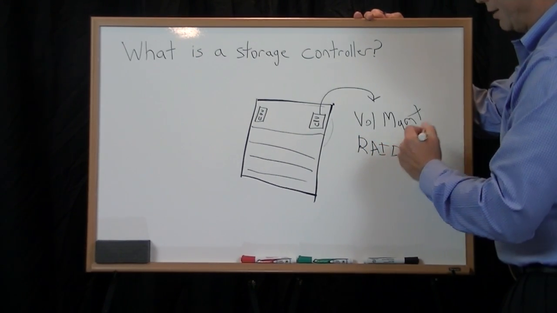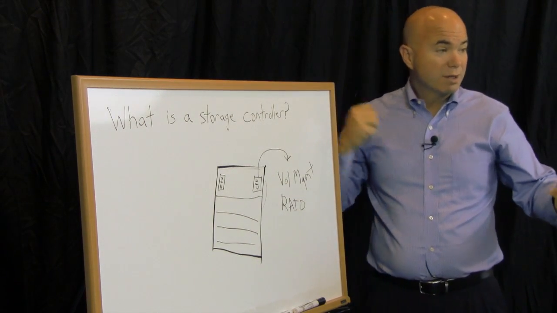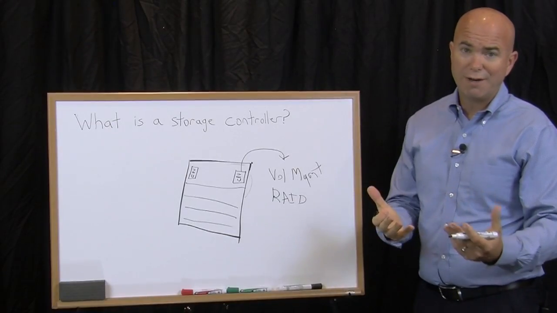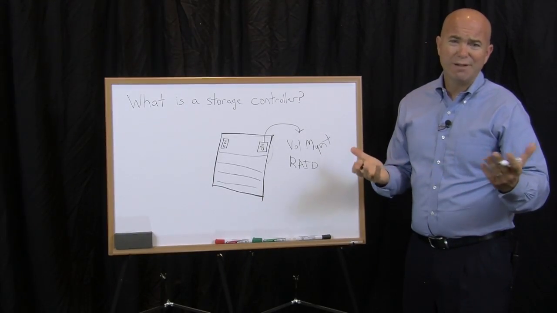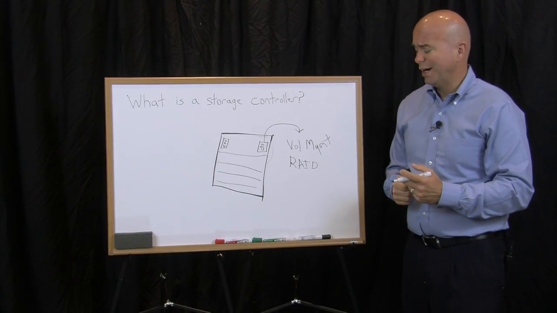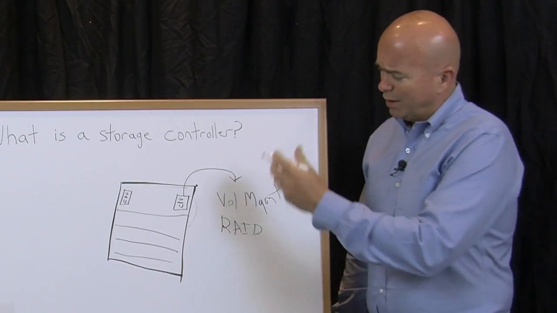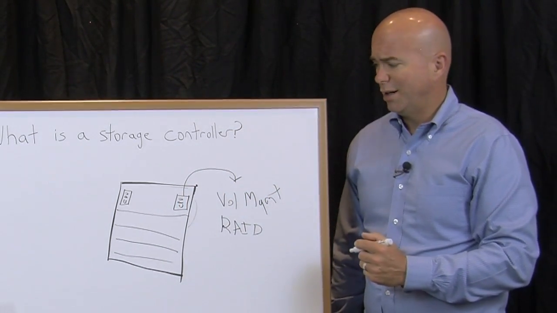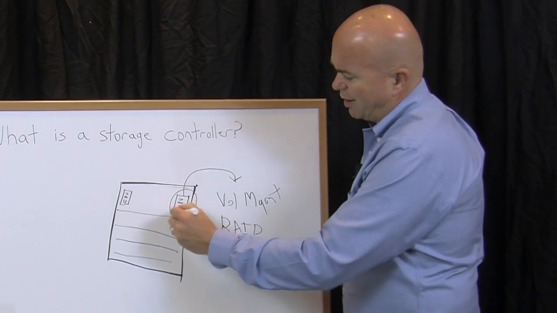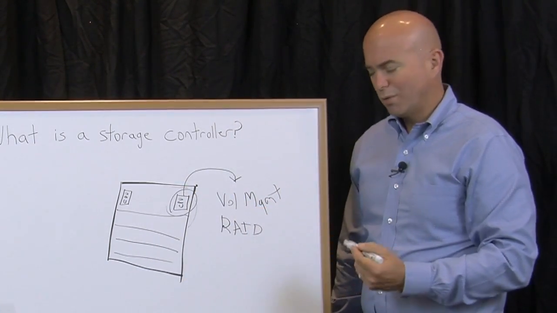RAID, as we've talked about, is a form of data protection to protect you in case of a drive failure. There are different RAID levels that most people are familiar with, RAID 5 and RAID 6 being probably the most popular nowadays. But this controller, and I think one of the reasons this article has risen in popularity, now does a lot more things than just volume management and RAID.